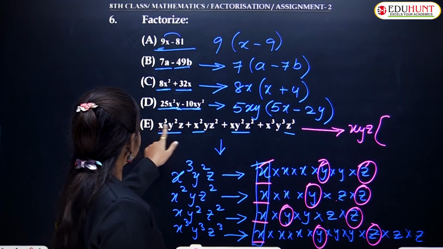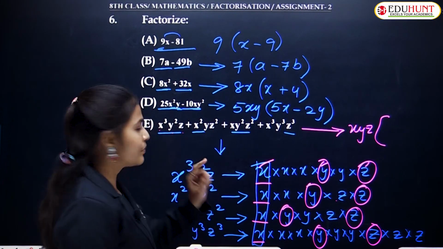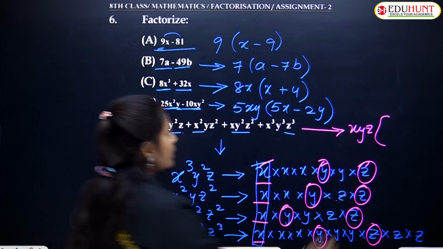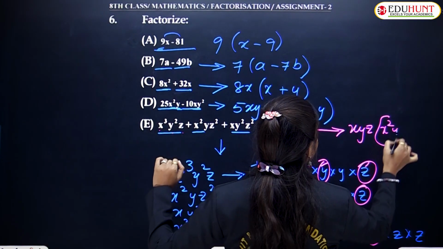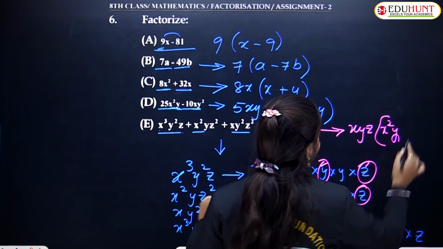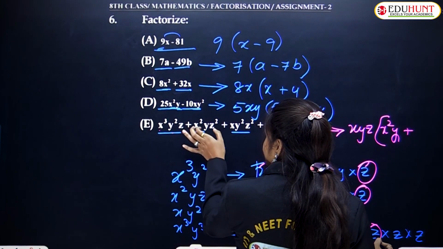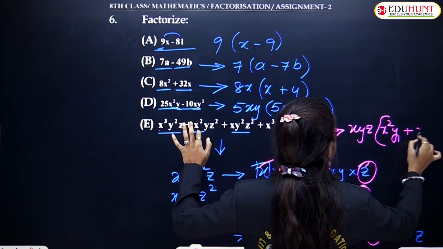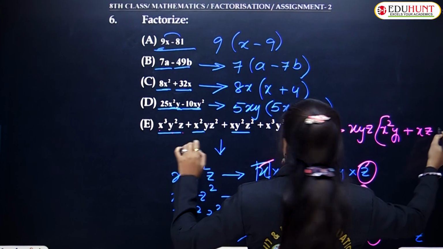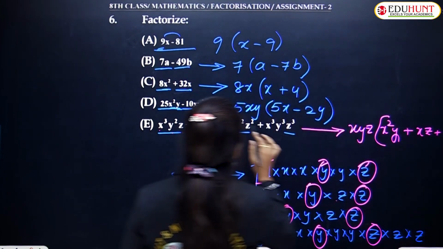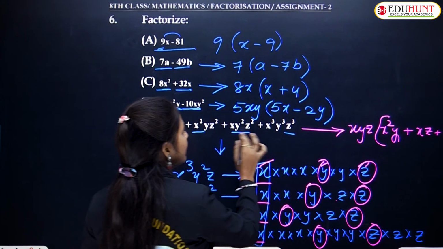Now the leftover: xyz we took as common one time, and still two times is left over in x cube y square z. So x square y, z: already we took x one time, so x one time is left, y one time, z one time only. Plus from the next term xyz, x one time is there still, y one time already we took out, and z one time is there. Plus here xyz we took as common, so the leftover is y and z.